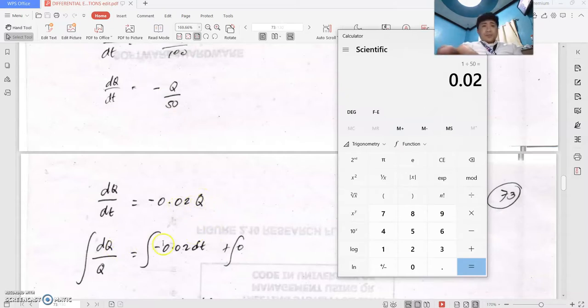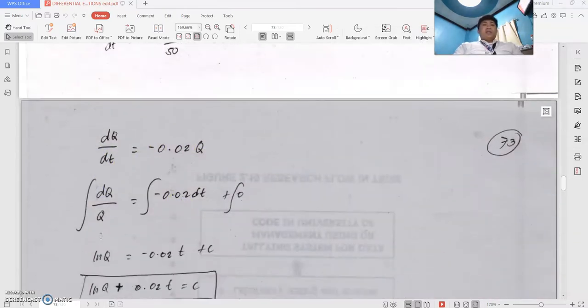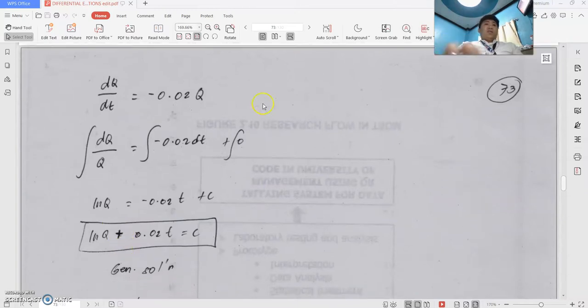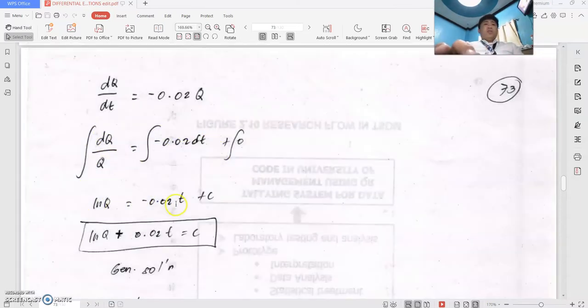From there, I could now transpose dt, and this one Q, so both plus integral of 0, so for the C. So here we know that dQ over Q is ln Q. Here we could move the negative 0.02 outside the integral sign and integrate the dt.